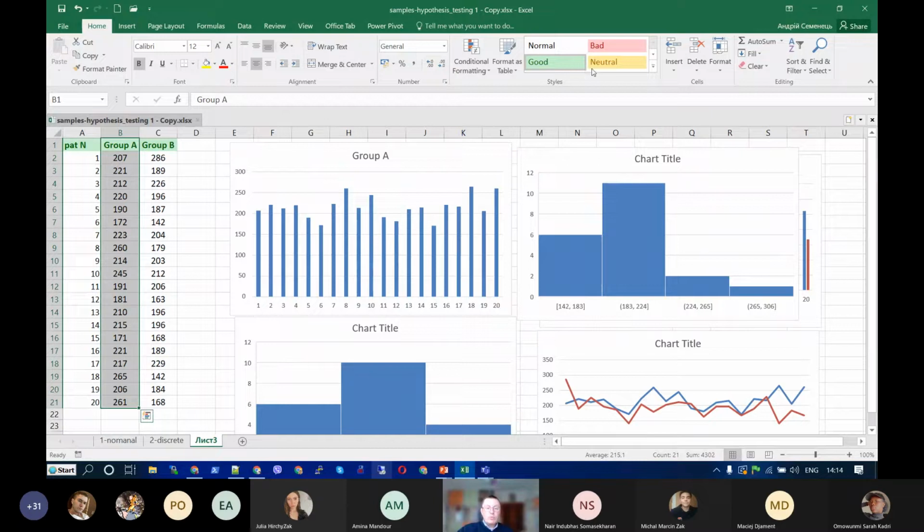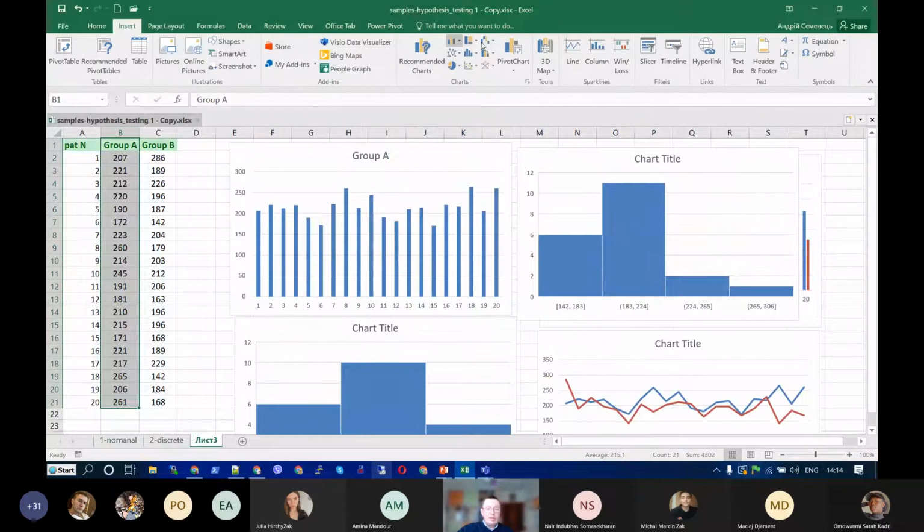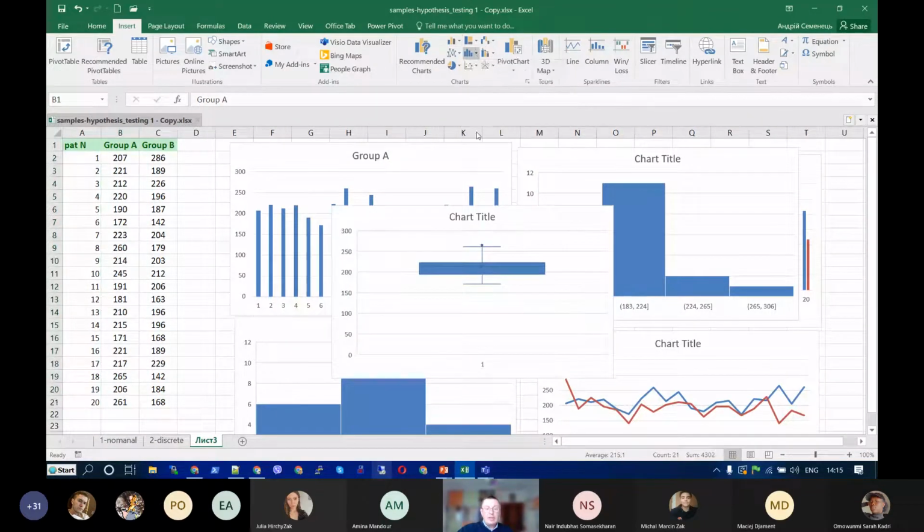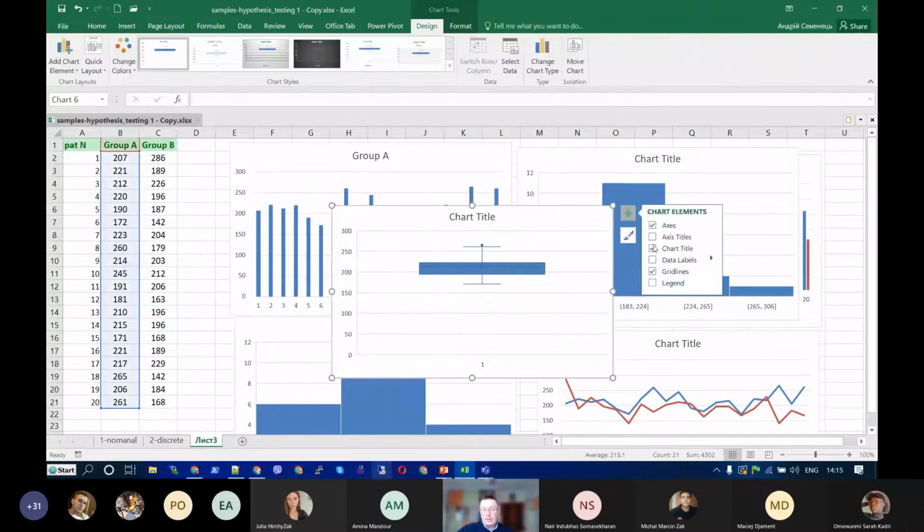In contrast, box plot is very informative for a dependent variable if independent is nominal. It gives for us exact characteristics of this sample.